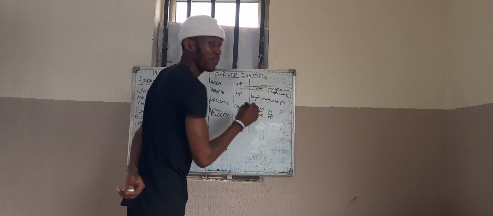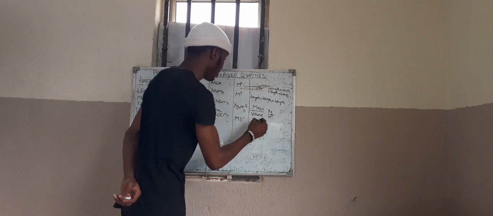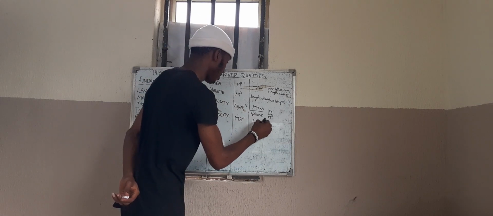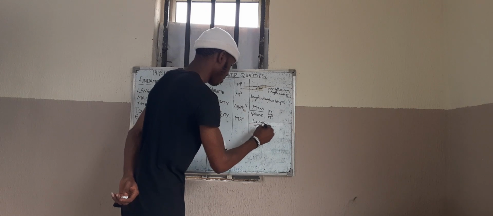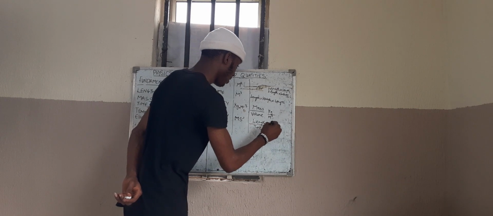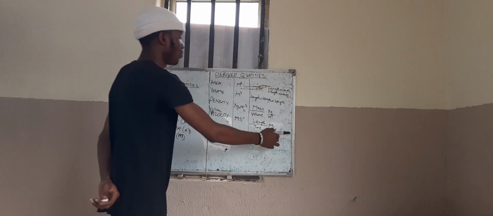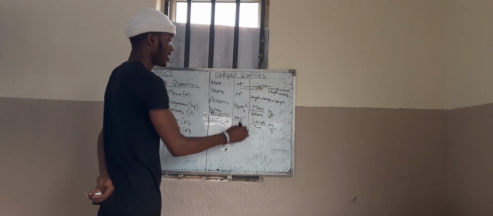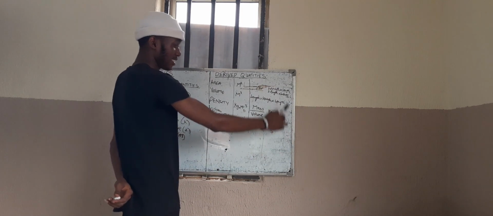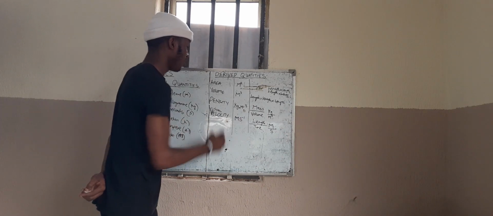The formula for velocity is length or displacement over time. And we now have meter over second. We need to bring it up so it now has a negative sign. I'll explain this later. This is mathematical. So this is the unit.